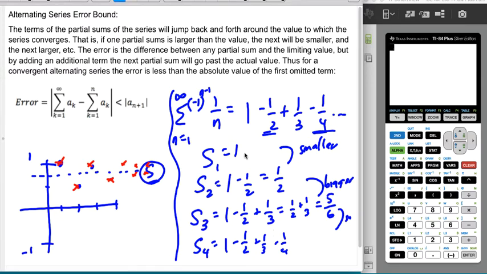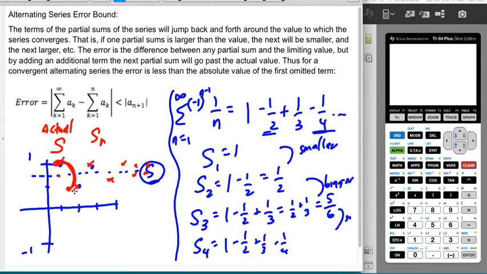Okay, so all of that to say that the error between the actual sum, which we're going to call s, and my approximation, which we're going to call s sub n, has to be smaller than whatever the next term in the series is. Think about it this way: the error between this and the actual value has to be smaller than this jump, because I know that I'm jumping across the line.